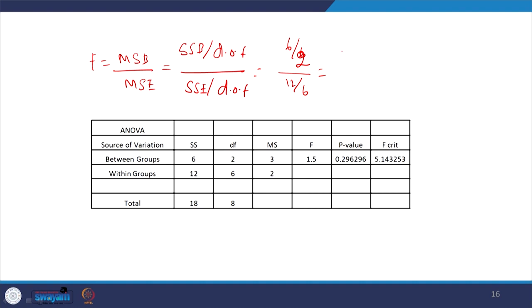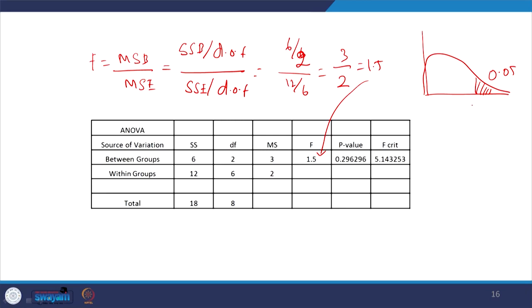So, 3 by 2, it is 1.5. So, that 1.5 is nothing but this 1.5. Okay. So, next what you have to do, this is your calculated value, you have to refer to your F table. In the F table, assume that alpha equal to 5%, you have to look at what this value is.